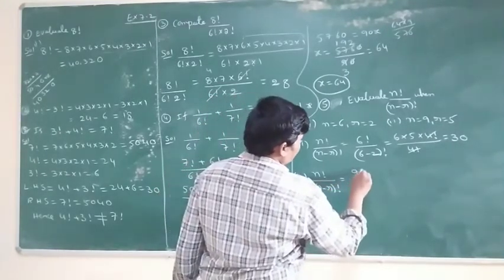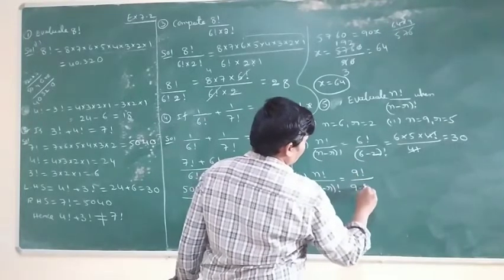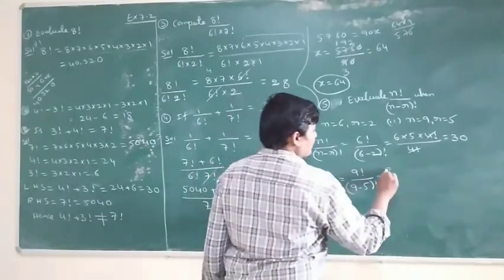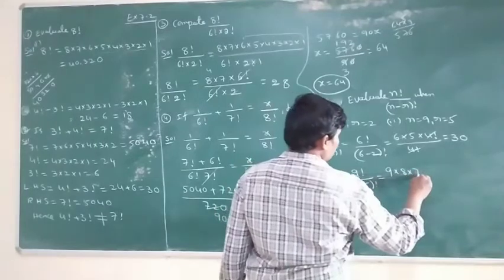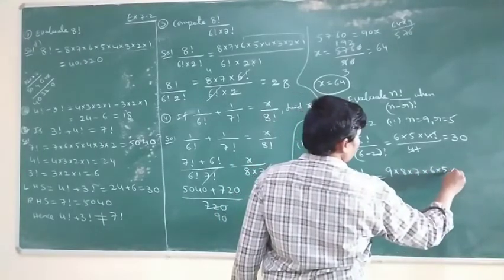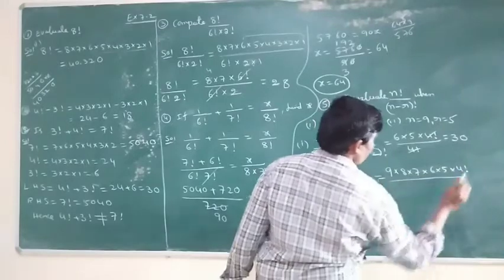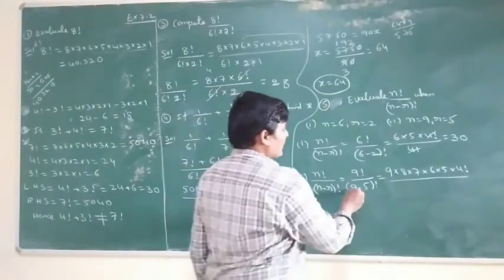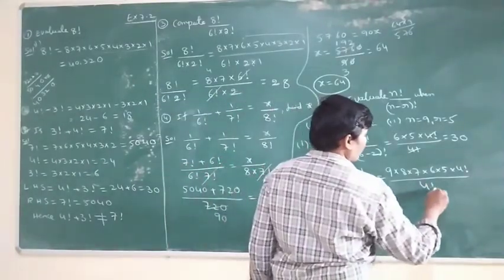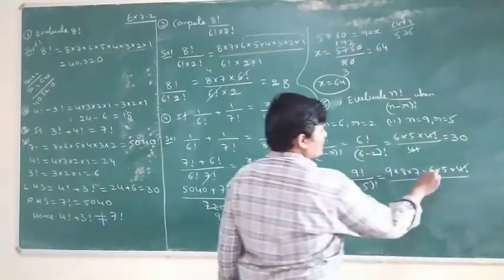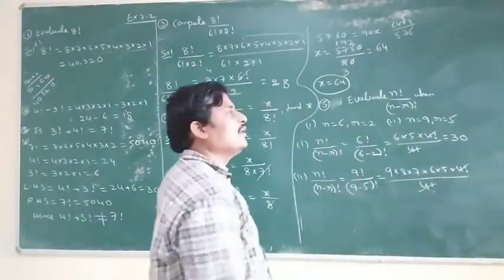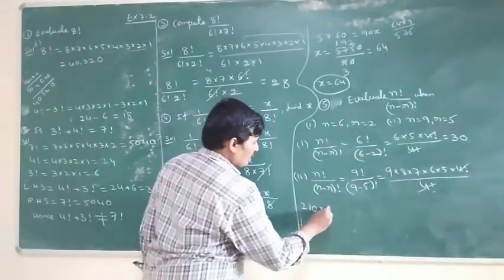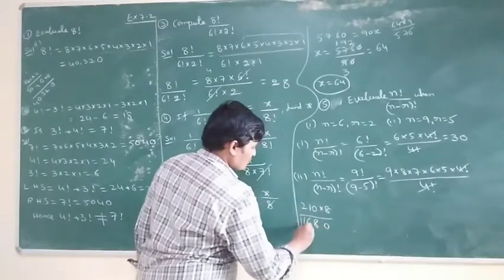So 9 factorial by 9 minus 5 factorial. 9 factorial is equal to 9 into 8 into 7 into 6 into 5 into 4 factorial. 9 minus 5 is 4 factorial. 4 factorial cancels. 6 into 5 is 30, 30 into 7 is 210, 210 into 8 is 1680.